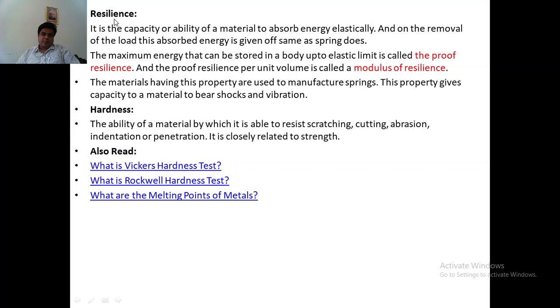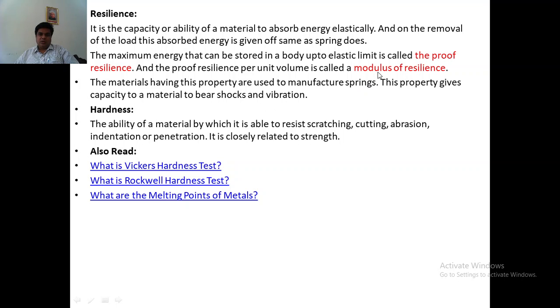And we have one more property, resilience. You have learned in physics that it's the ability of the material to absorb energy in elastic deformation. For example, for springs the term resilience is used, and we have proof resilience. The maximum energy that the material can absorb in elastic deformation is called proof resilience.